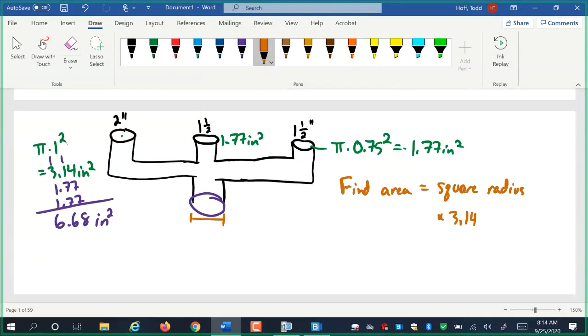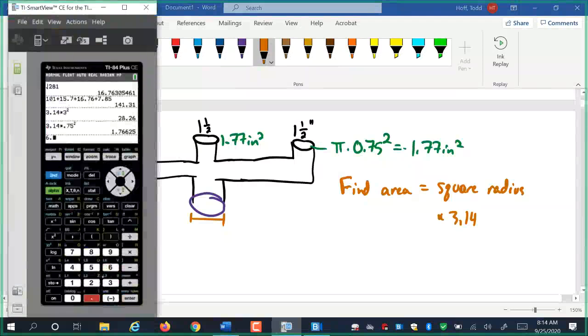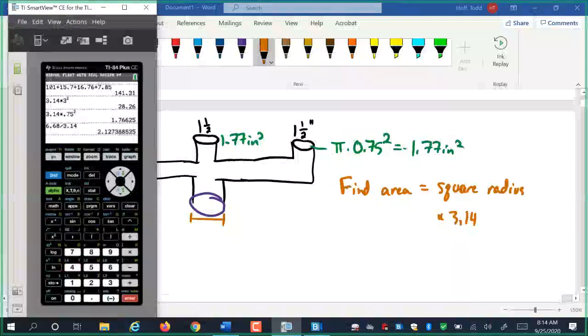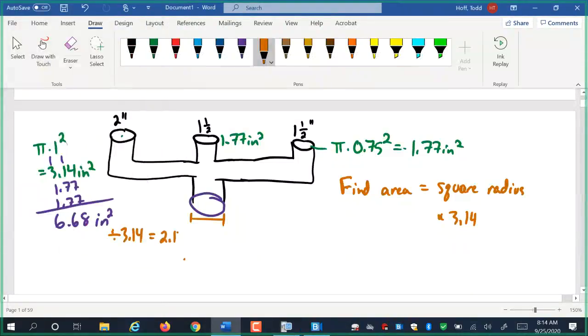Working backwards, we got to go the opposite. We're going to divide by pi. So 6.68 divided by pi, divided by 3.14, gives us 2.13 about. And then we square root that.